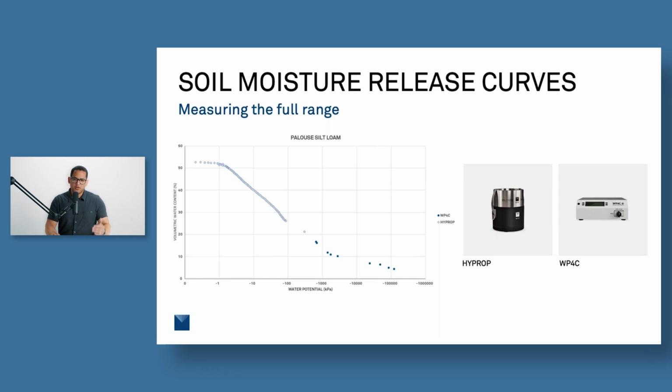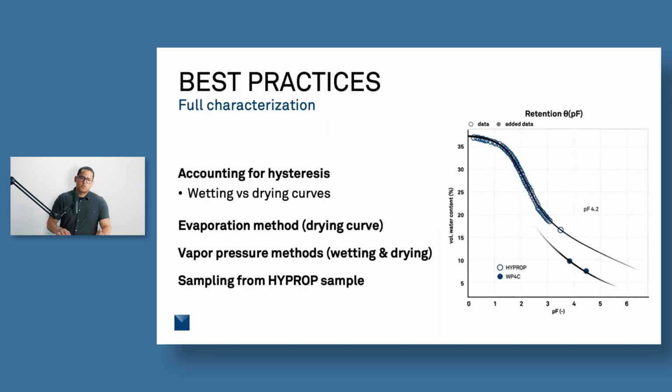But when we're trying to do this, there are some things that we need to think about when we're combining these two instruments. One is we need to account for hysteresis. Some of these methods are only on a drying curve, like the HYPROP. The HYPROP only works on a drying curve.